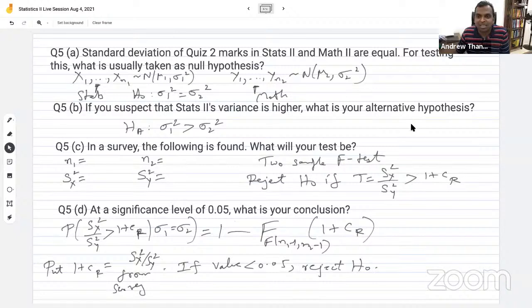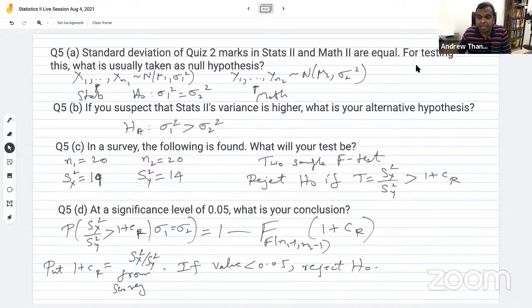Okay, so it's the same, and we just did the survey. Both were 20. Stats was 19, and math was 14. So you have to do the two sample F test.